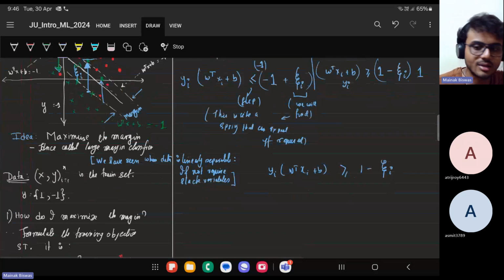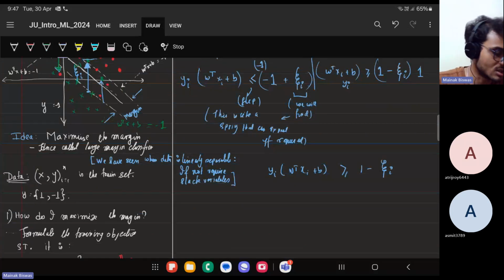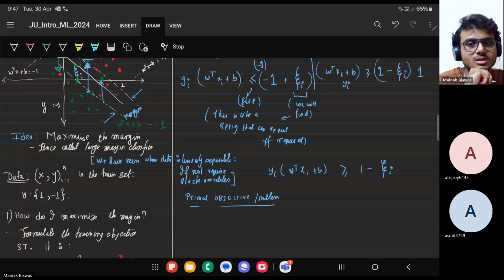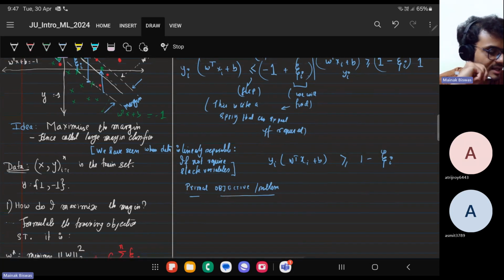We have completed the majority of the machine learning algorithms, and we'll be slowly getting into deep learning models. Okay, so now you tell me if you've understood what the primal objective or the primal problem is. I know the objective, I know my constraints, I know what I want to optimize. Now tell me.